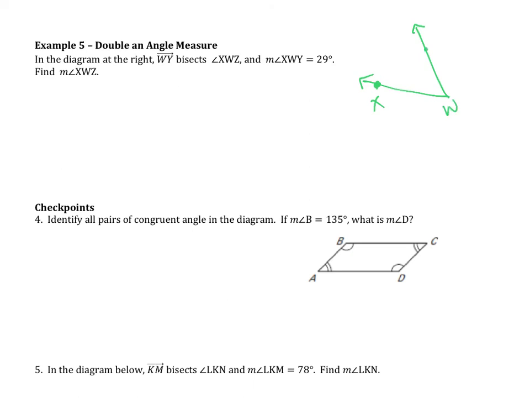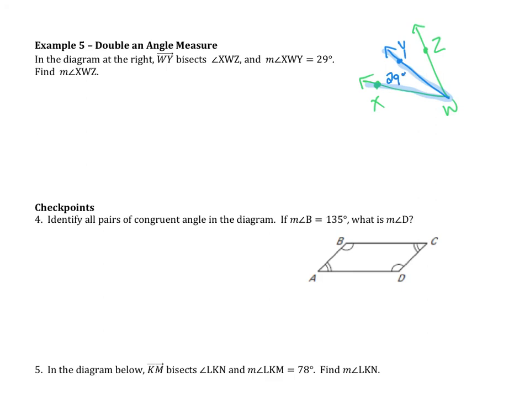X, W, Z. And they say that ray WY, so W to Y, bisects that. Find angle XWZ. And they tell us that XWY, so X to W to Y, they're saying that angle is 29 degrees.